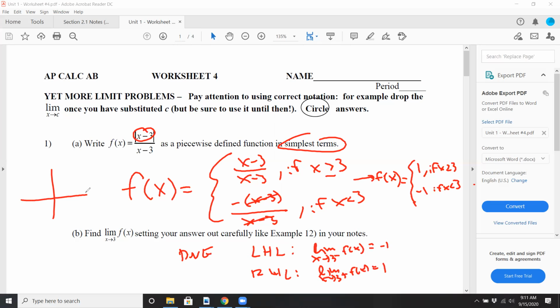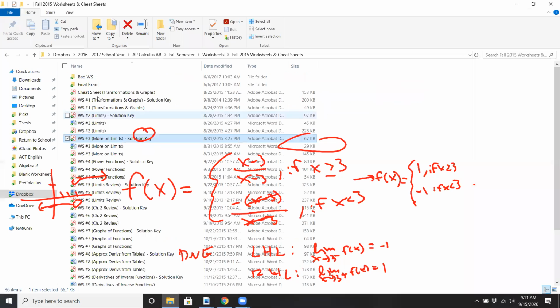Graphically, we get something like this. So it's very similar to what we did in the notes not that long ago. If I actually pull up those notes.